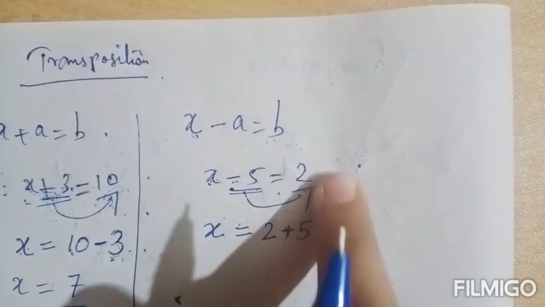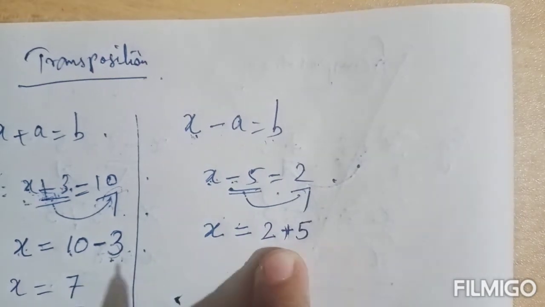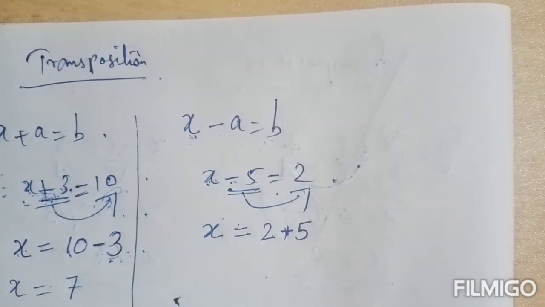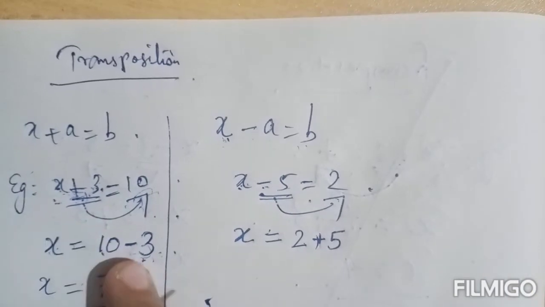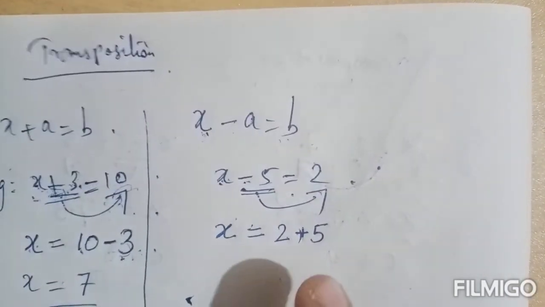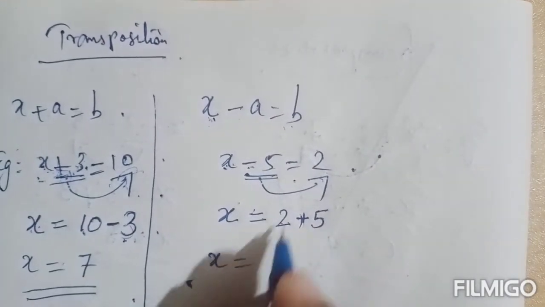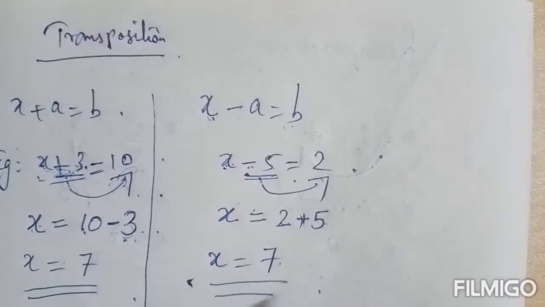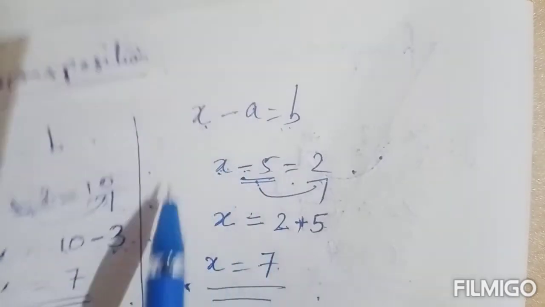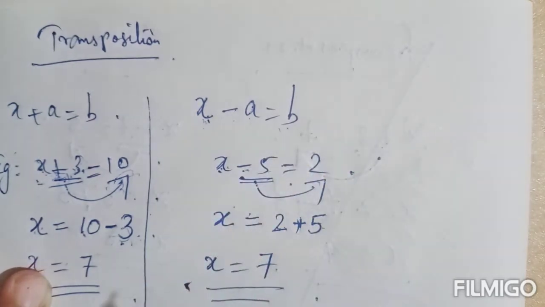A positive term on taking to the other side will be negative, and a negative term on taking to the other side will be positive. So x equal to 2 plus 5, it is 7. 7 will be the answer. In this way you can solve a linear equation of the form x minus a equal to b using transposition.